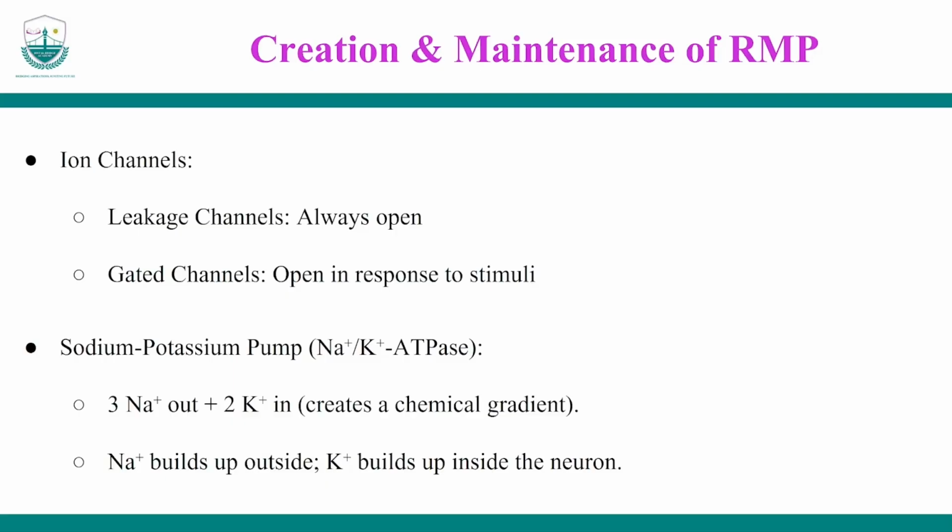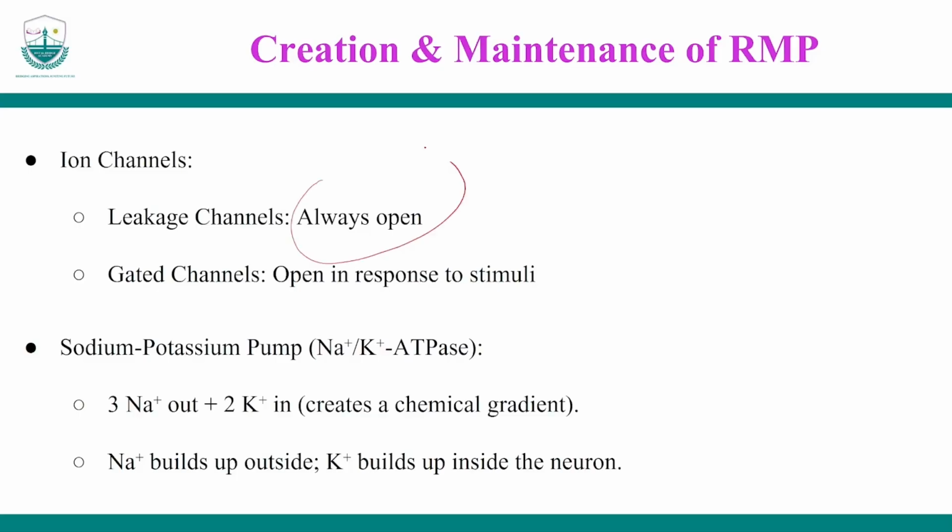So what creates this resting membrane potential? The explanation lies with the ion channels that exist in the membrane of these neurons. So we have what we call leakage channels.